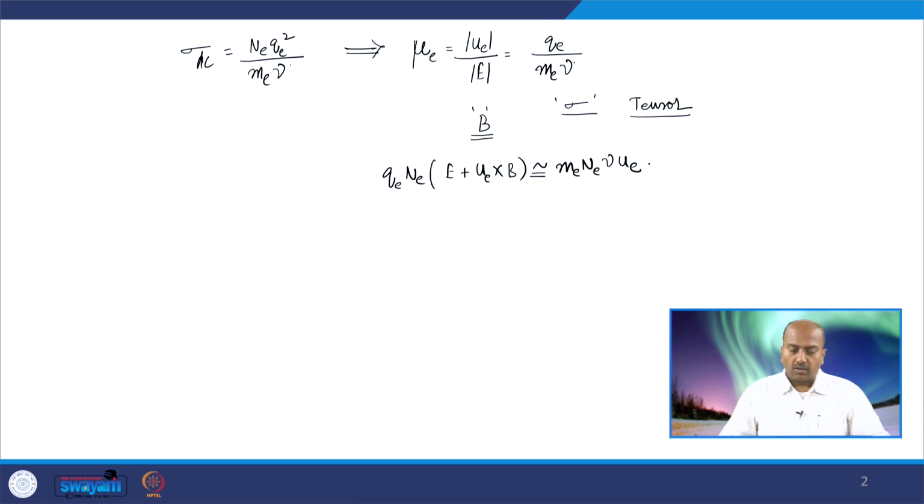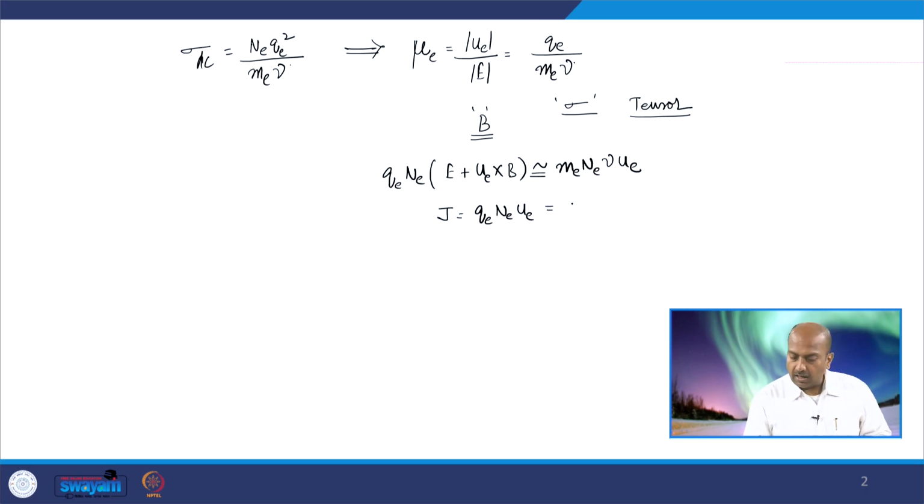So here the Lorentz force, or the force due to the electric and magnetic field, is essentially compensated by the collisional term, and from this we can write the current density J, as we remember, NE VD, or in terms of the variable that we have defined for this purpose, QE NE times UE.